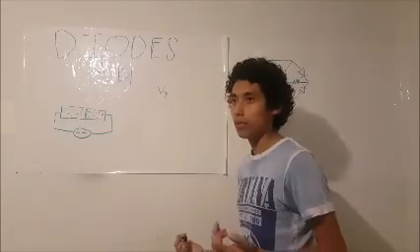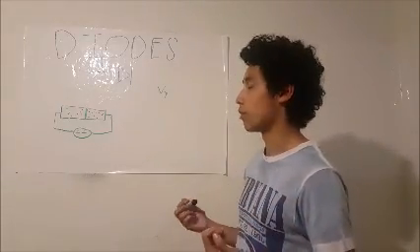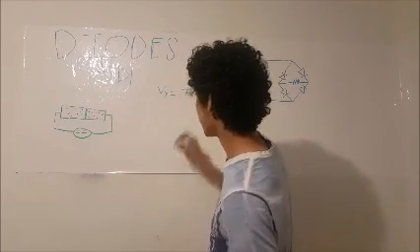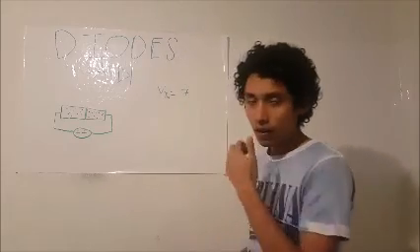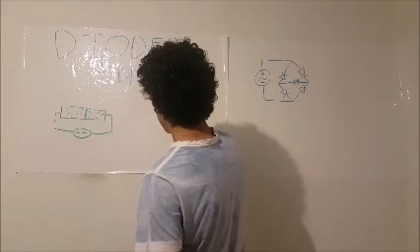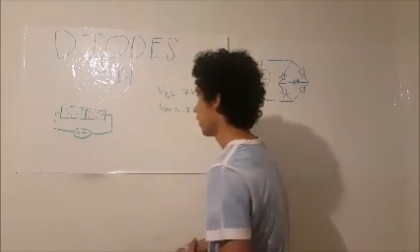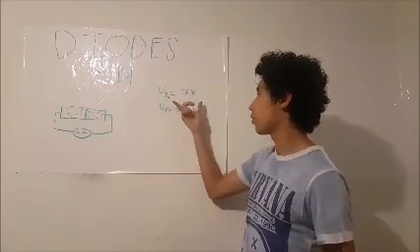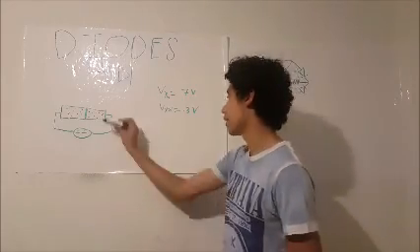And for germanium, that is the most common material for diodes, this voltage equals 0.7 volts. Another very common material is silicium, and that is 0.3 volts. Once you have surpassed this voltage, this will work like a cable.